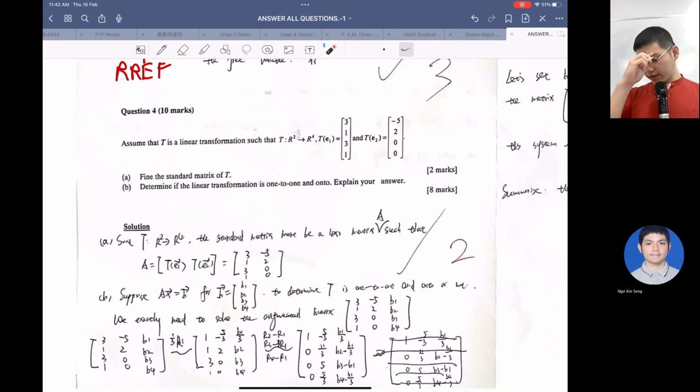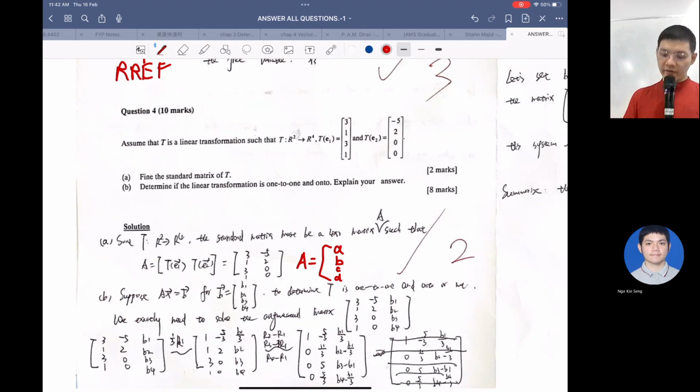I think some of you were very good. You wrote out everything, saying that A is a matrix, a 4x2 matrix because it's going from R2 to R4.